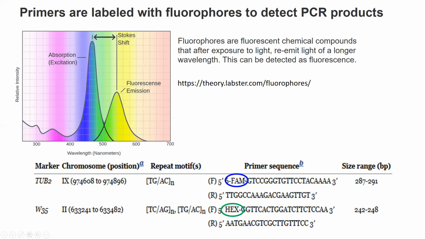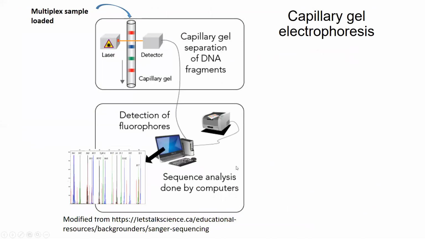And then you use them to detect the samples. Here is an illustration of a multiplex microsatellite PCR product run through capillary gel electrophoresis in a sequencing machine, where you detect the signal. You load your sample to the capillary here, and then you apply electricity to run it through.